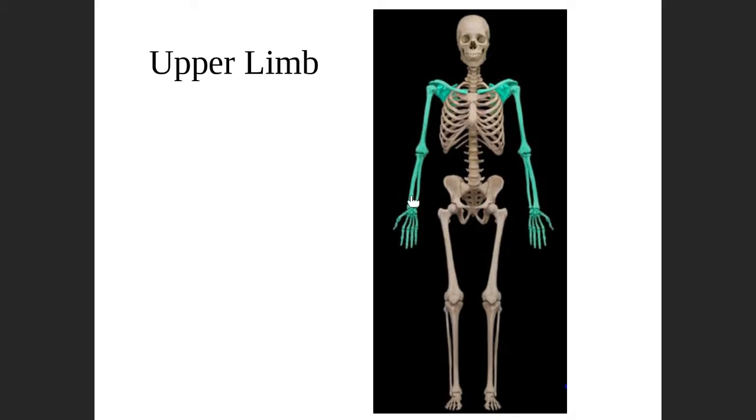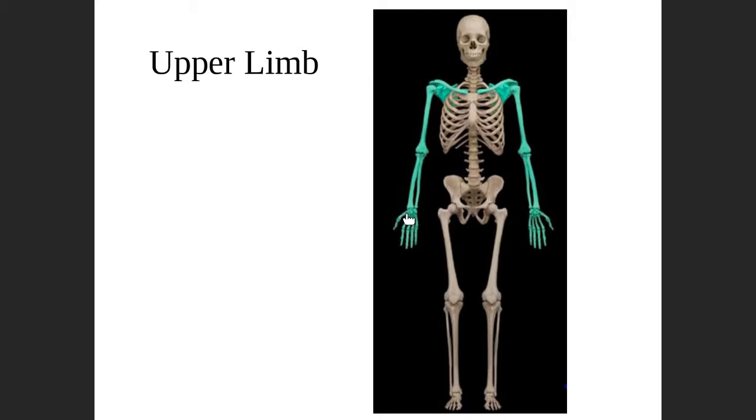We go down to the forearm, where you've got 2 bones, the radius and the ulna. This up here would be considered the arm, and this is considered the forearm. This is the brachium. This is the antebrachium.